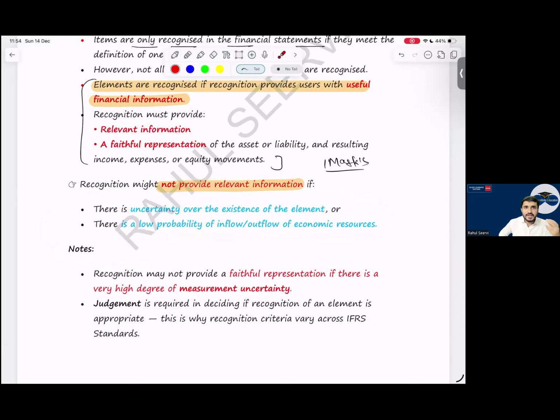So whenever uncertainty is there, it is uncertain whether we will receive the amount or not, so it is not providing relevant information. I will not record it. If the probability is low, then also we will not recognize, because this will not provide useful information. If you know the basics of your F7 contingent asset, it is an asset, but there is uncertainty and low probability. That is the reason we are not recording it.